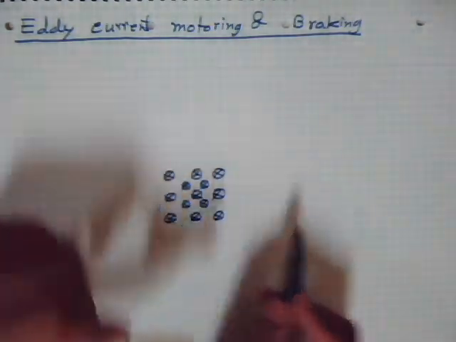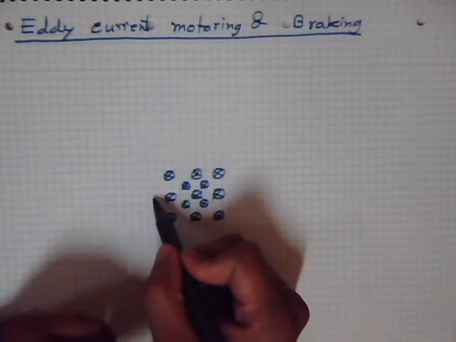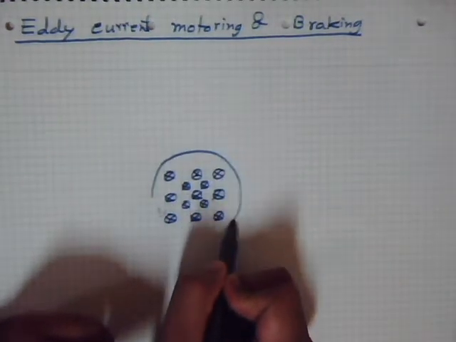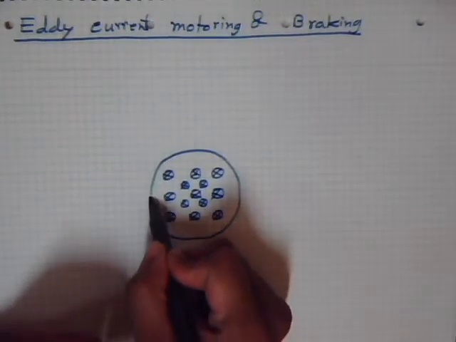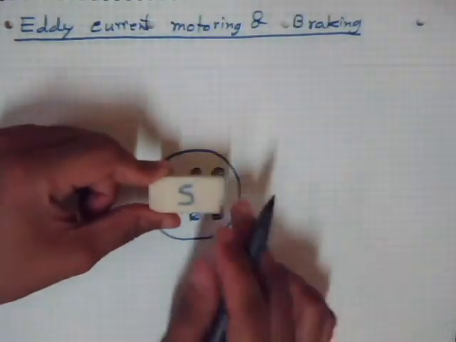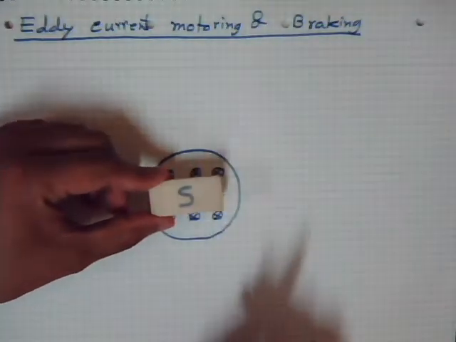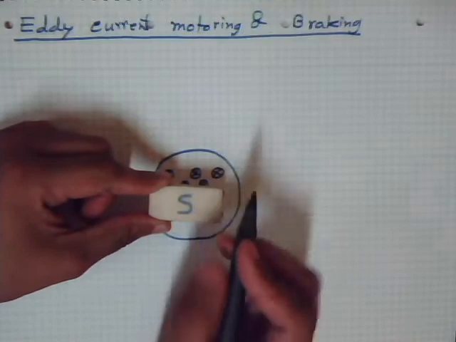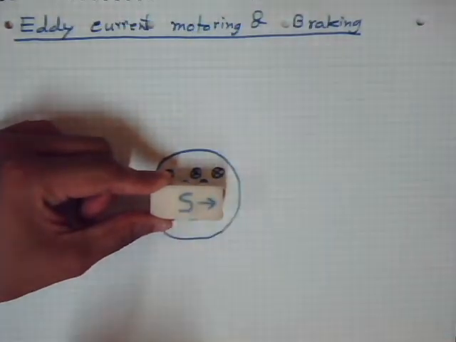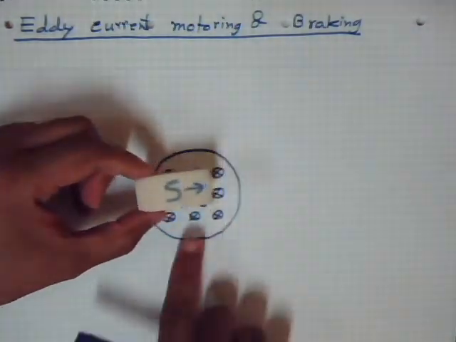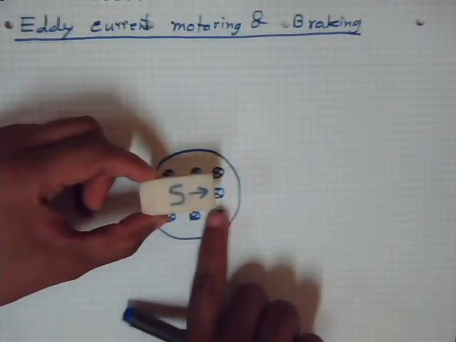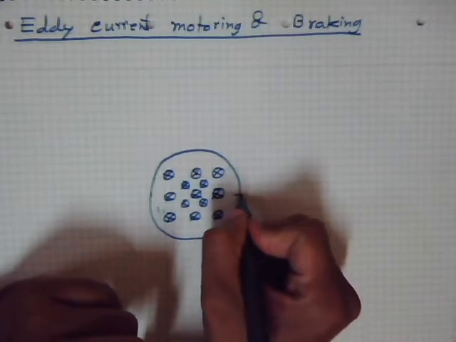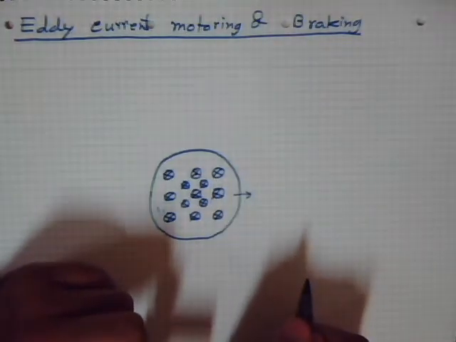Now let me consider a closed path like this, maybe a circular path, and consider what will happen if I slide this magnet towards the right. That means these flux lines are going to intersect this closed path in this direction towards the right.